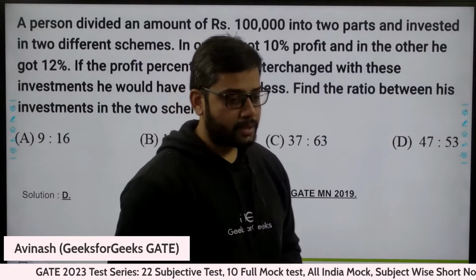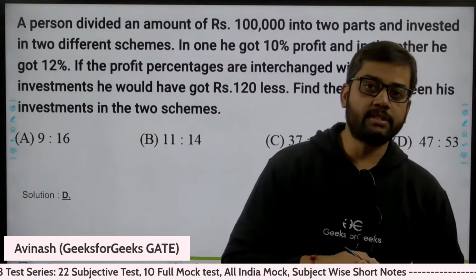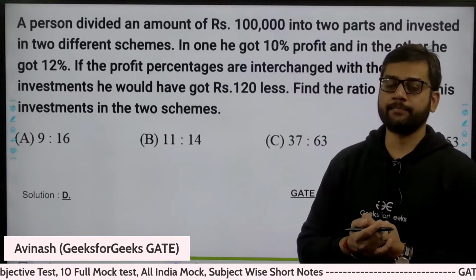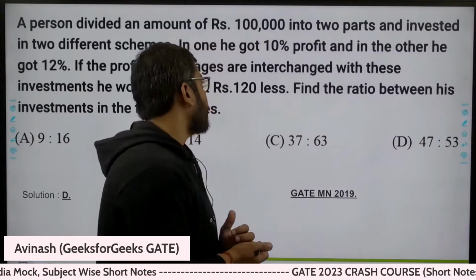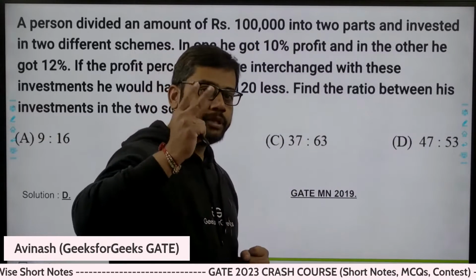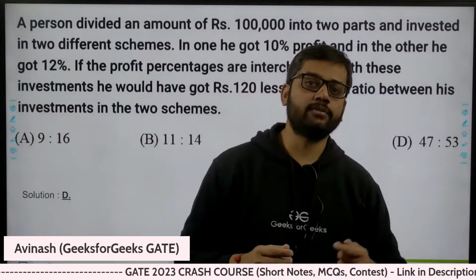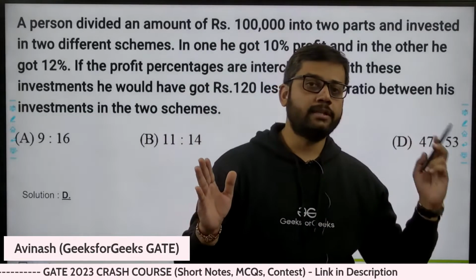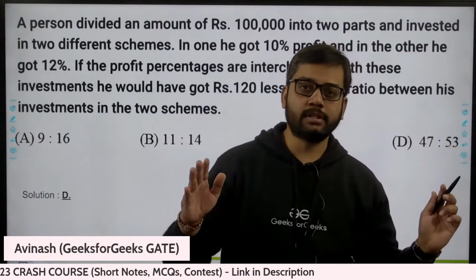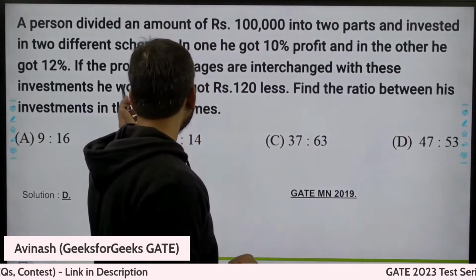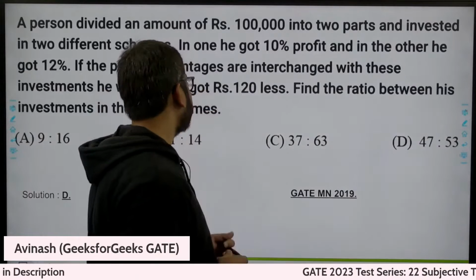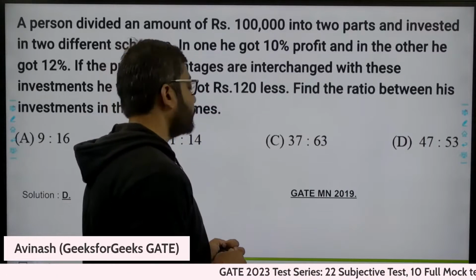Now, before just looking at the question, try to understand how to solve it. I am the person having the amount of money, and I have to invest in two areas, suppose two industries. In the first I am investing at 10% and in the other at 12%. So as per the question, in the two different schemes, in one he got 10% profit and in another 12% profit.